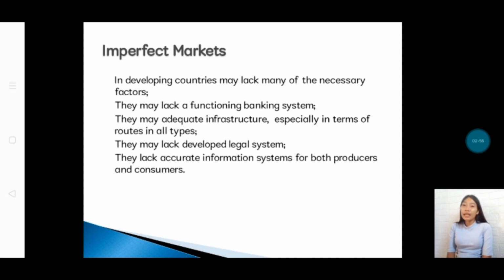And last, they may lack accurate information systems for both producers and consumers, which often leads to imperfect information, the misallocation of resources, and misinformed purchasing decisions.